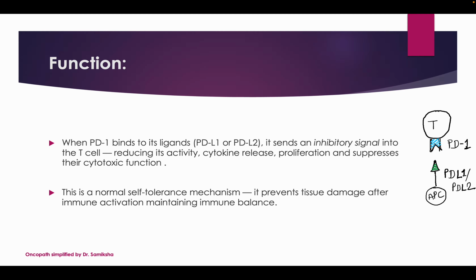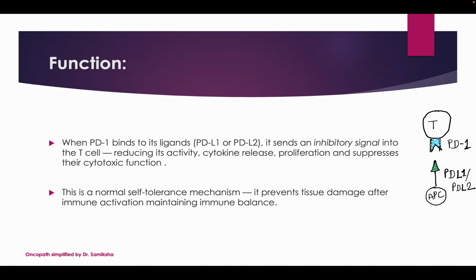Now let us understand how PD-1 and PD-L1 act as a pair. As we can see in this diagram, we have an activated T cell with PD-1 and an antigen presenting cell with PD-L1 or PD-L2. Whenever there is an antigen presenting cell in the body, the T cell is going to come to attack it. However, when the T cell comes, the PD-1 on this T cell recognizes the PD-L1 or PD-L2 on the antigen presenting cell.